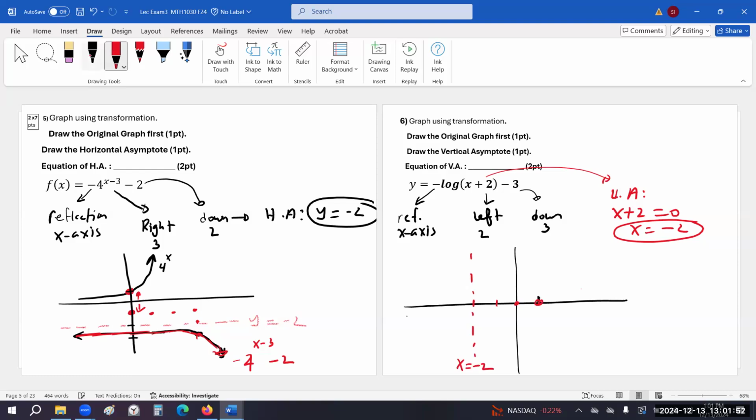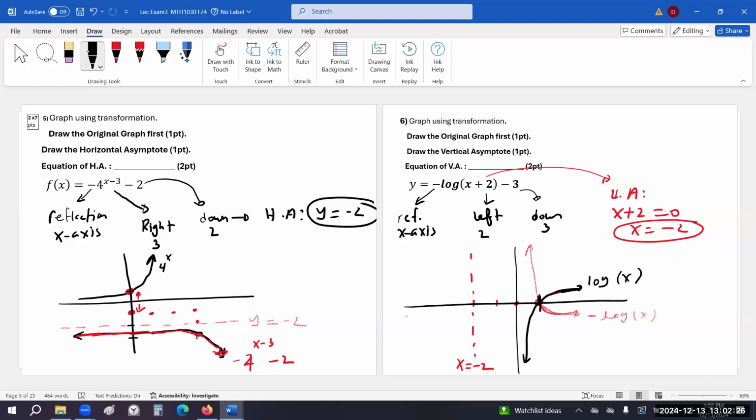Original log graph has this shape. It goes to the x value 1. When you reflect that, this top portion goes on the bottom here, and the bottom portion goes on the top. So this is negative log x. The black one is the original log x, log of x. The base doesn't matter.